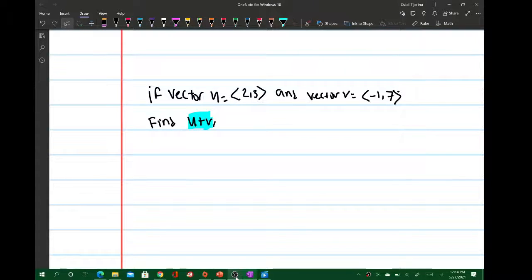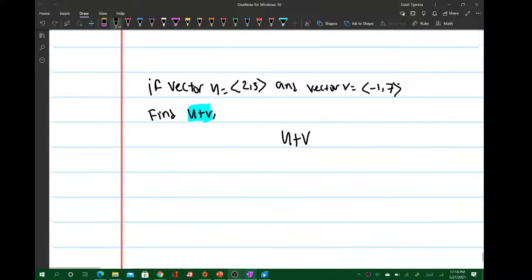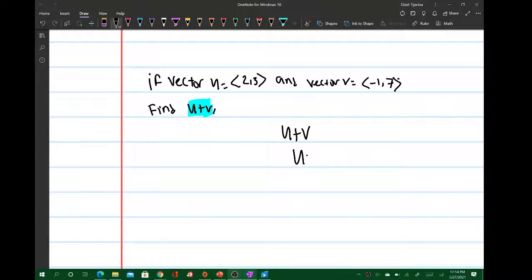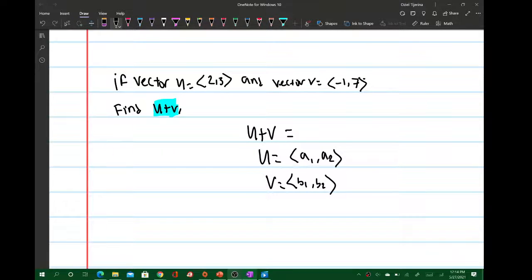Now, anytime you have a vector u plus v, given that u equals a1, a2, and v equals b1, b2, this can be written as the vector a1, a2 plus b1, b2.